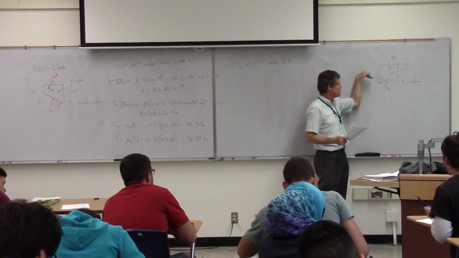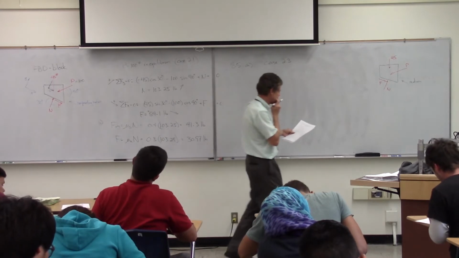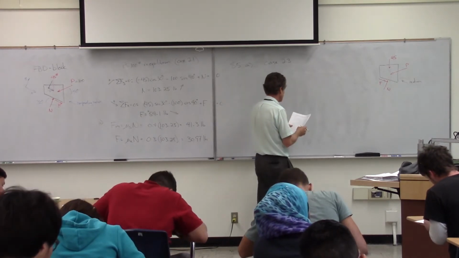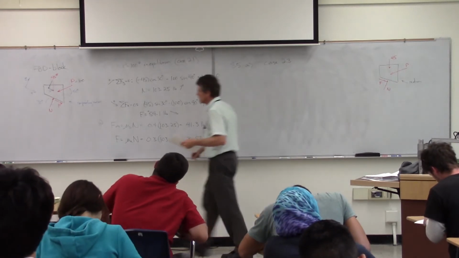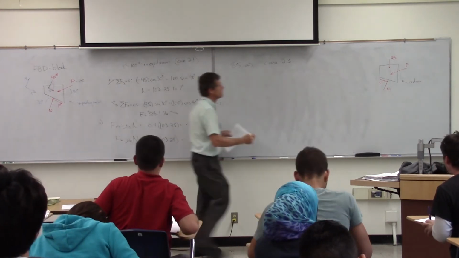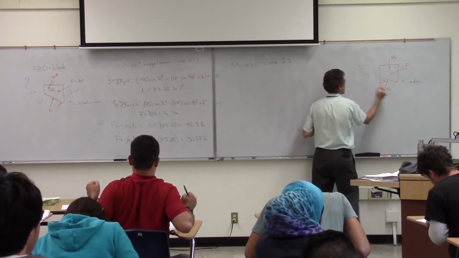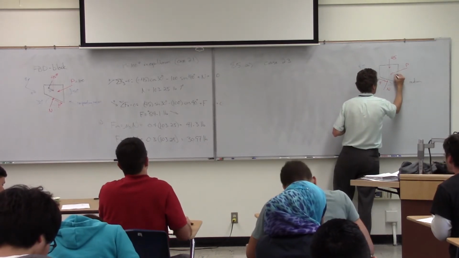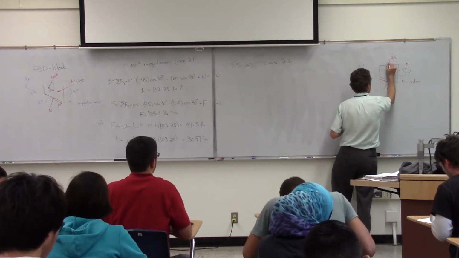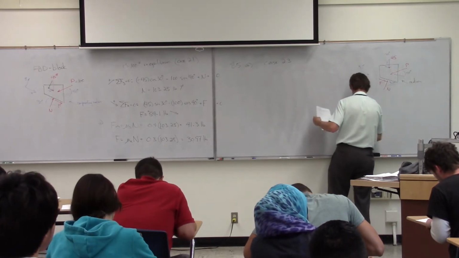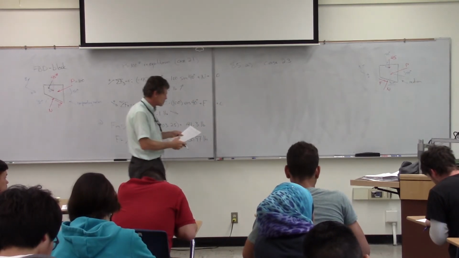I know it's moving up, so the friction force is going to resist that, pushing back on it. Again, most of these are just exercises in geometry, getting all those angles correct.